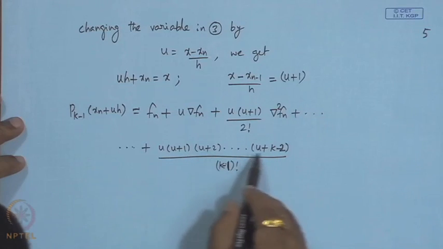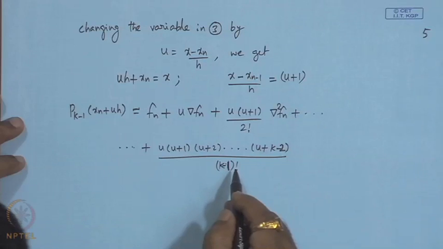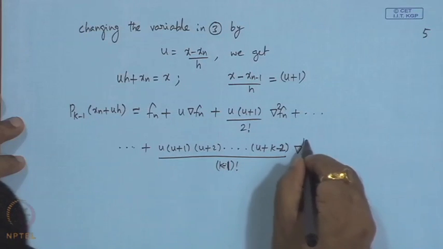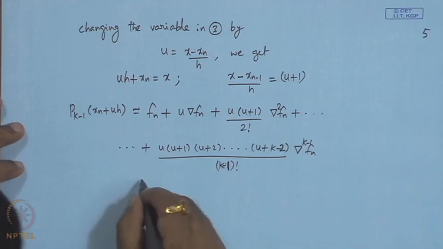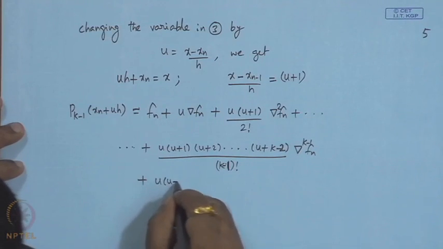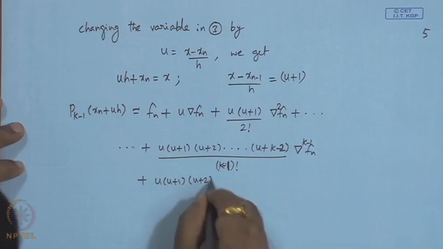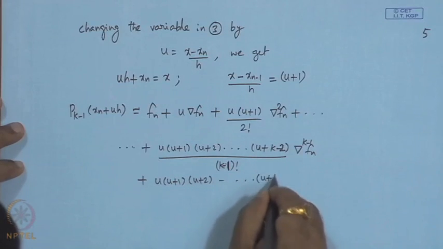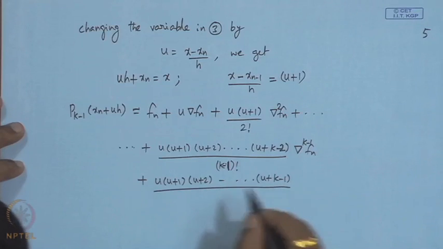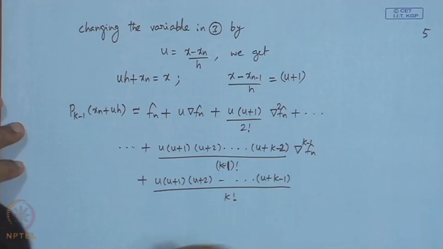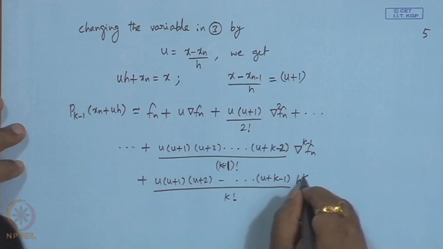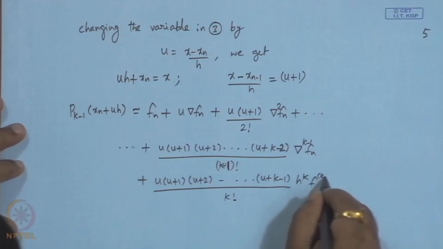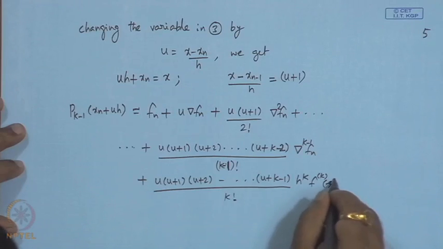So, u plus 1, u plus 2, up to u plus k minus 2, over k minus 1 factorial, times the k minus 1 difference of f n, plus the next term over k factorial, into h power k.